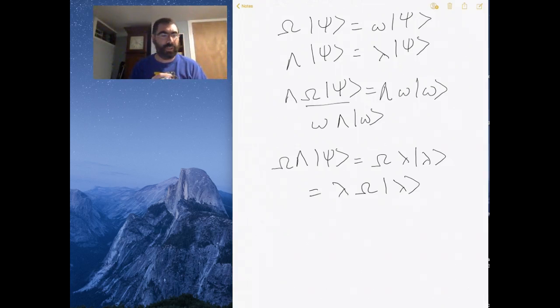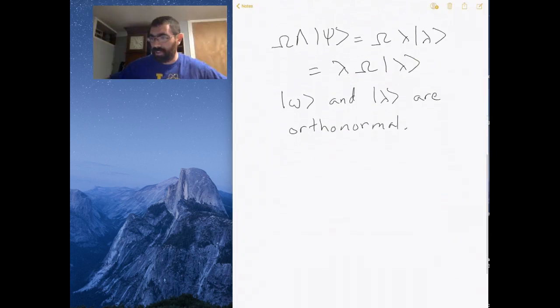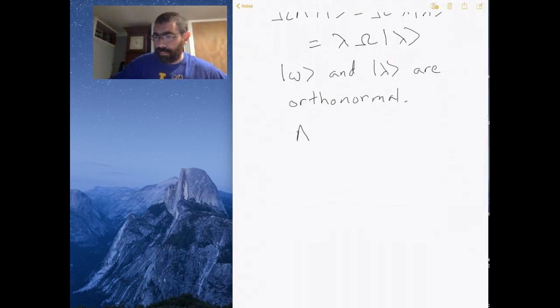If it turns out that these two bases, omega and lambda, are orthonormal, then lambda operating on omega is just going to give me 0, the null.